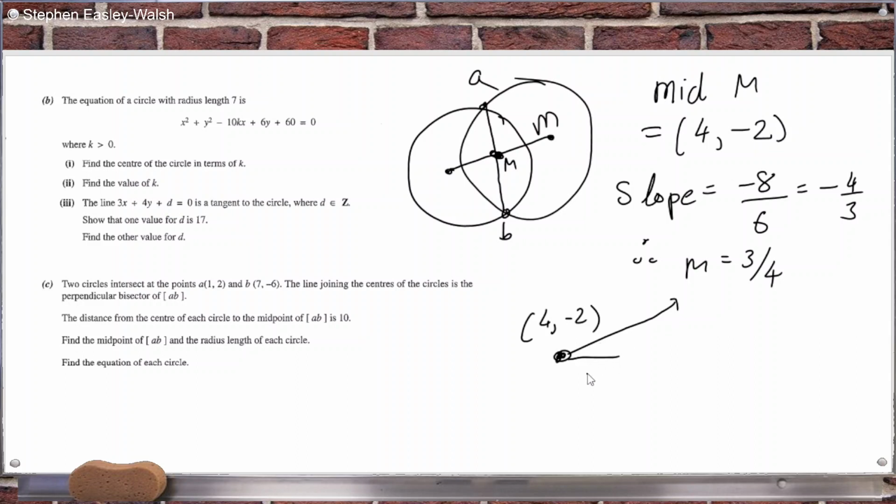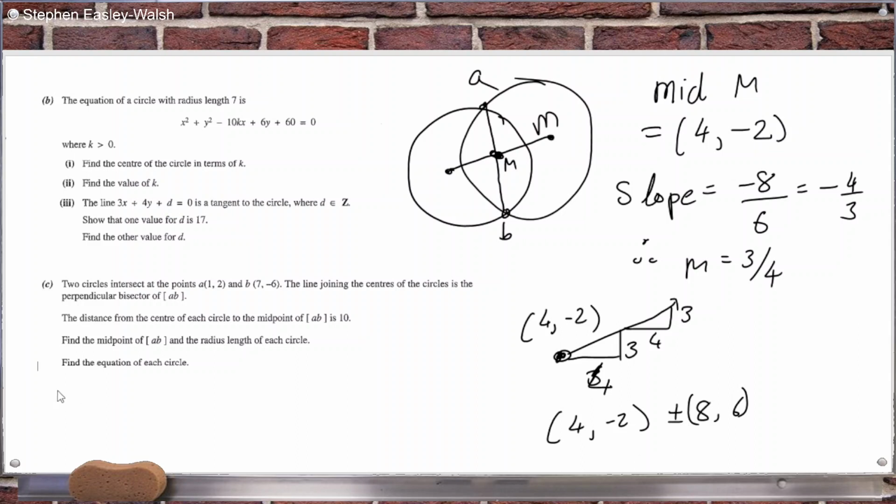So that would be 3 and 4. No, wrong way. That would be 4 and 3. 4 and 3. And we'll have to do the same the other way. So you could have 4 minus 2 plus 8, 6, or minus 8, 6.